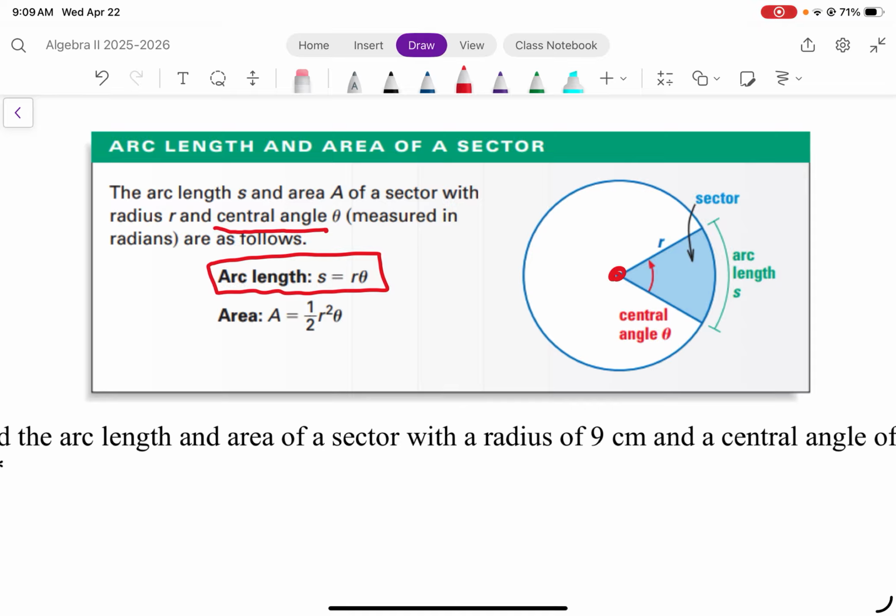So that just means it starts at the center of the circle and intercepts the arc. And that angle needs to be measured in radians when we do this. So we need to make sure our angle is in radians before we plug it into the formula. The arc length formula will need to be memorized. You do not need to worry about the area of the sector formula. We are not going to be working on those this chapter.